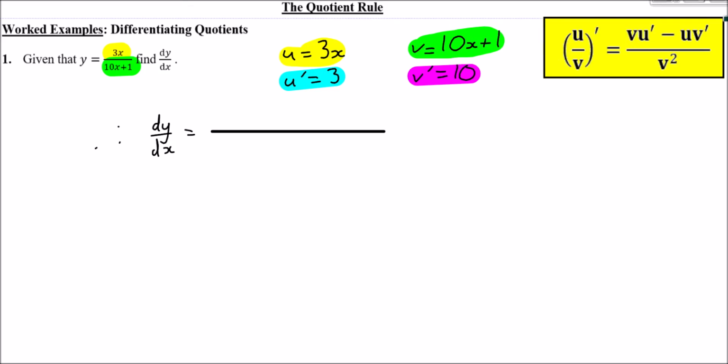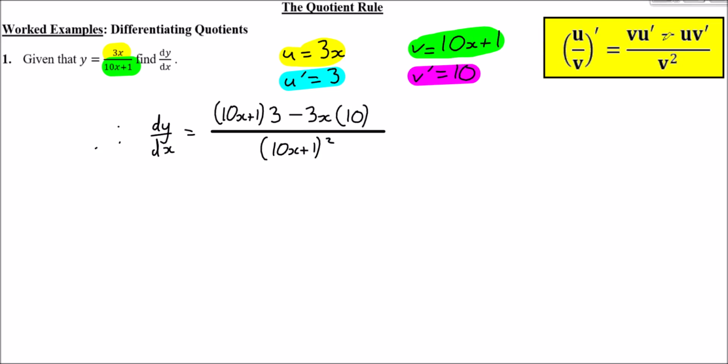So v is 10x plus 1 multiplied by u dashed, which is 3, minus the function u, which is 3x, multiplied by v dashed, which is 10, all over v squared. v was 10x plus 1, so that's 10x plus 1 all squared.